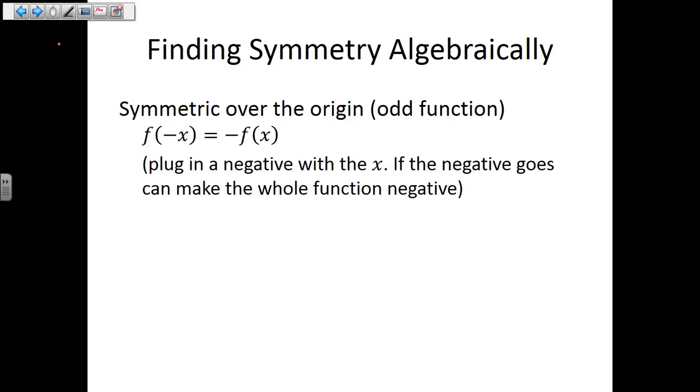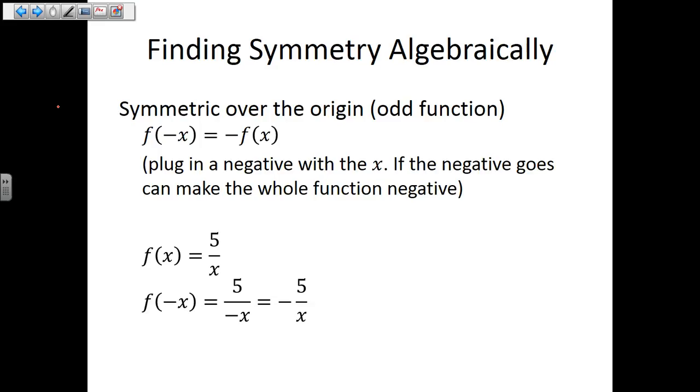Okay, so what about symmetry over the origin? How can a function be symmetric over the origin? Well, we still plug a negative in with the x. But in this case, that negative can move out front, and we say that it's equal to negative f of x. So we look for functions where that negative doesn't get canceled out.